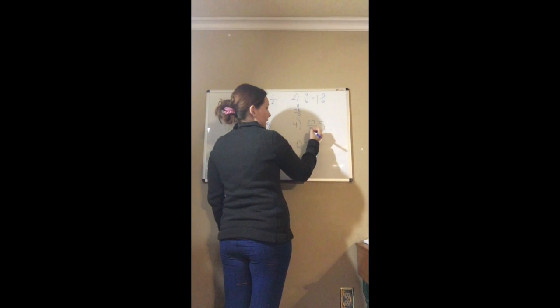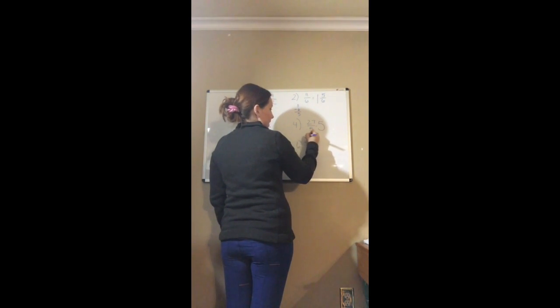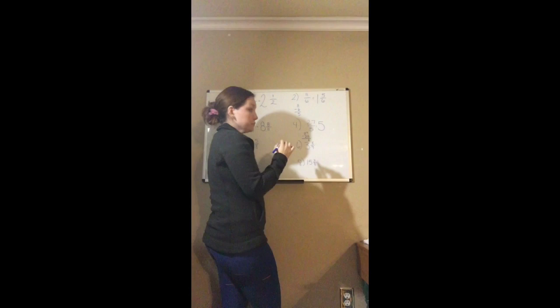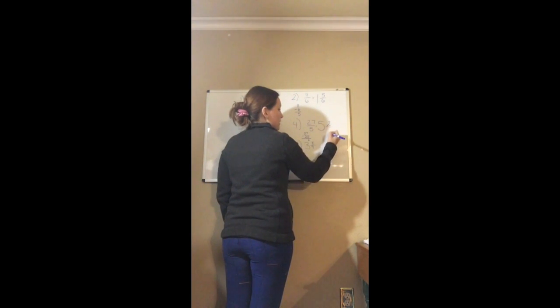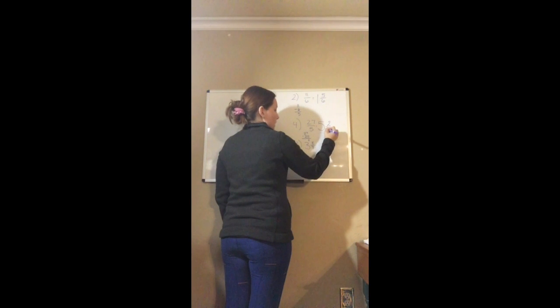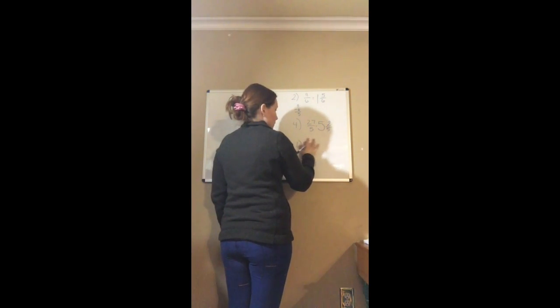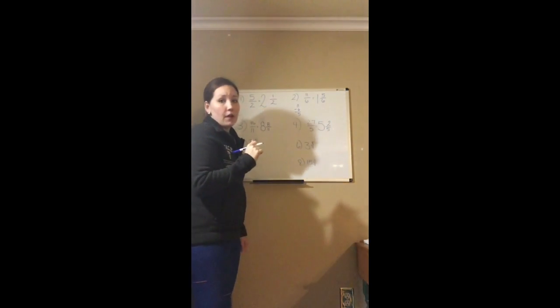So 5 times 5 is 25. So we take our numerator and subtract that, which will leave us with 2. So 2 becomes our numerator because that's what we're left with, and we keep the same denominator. So those are our improper fractions.